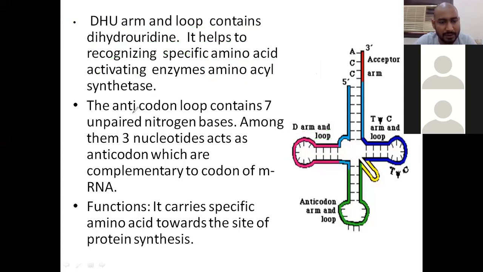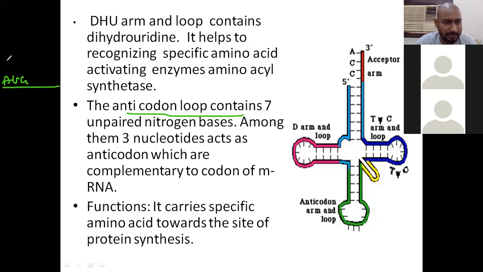Now, the anticodon loop. I told you the role of the anticodon loop: it is involved in pairing with the opposite base pair of the mRNA strand. It involves complementary base pairing with the opposite base pair. Suppose the mRNA strand has AUG.